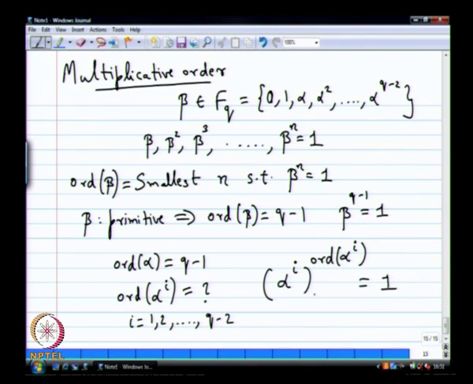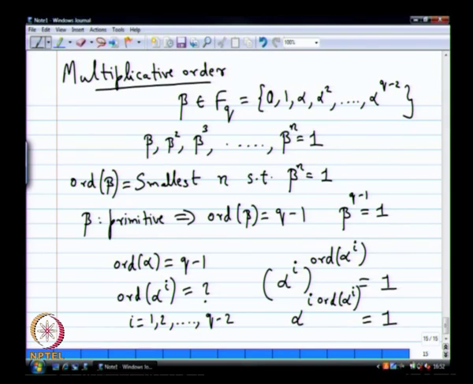So basically you get alpha power i times the order of alpha power i should be equal to 1. If you are looking for the smallest such element, some kind of a GCD has to be involved. I can prove this to you quite rigorously if you like. It will end up being q minus 1 divided by GCD of i and q minus 1, something like that. I do not know how much detail I want to go into, but you will get some number.